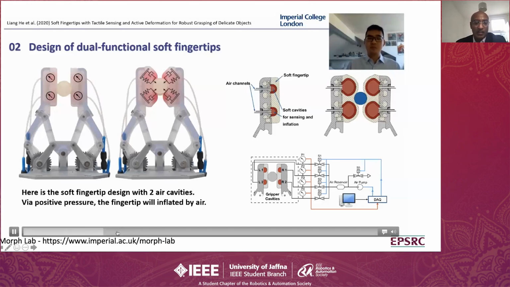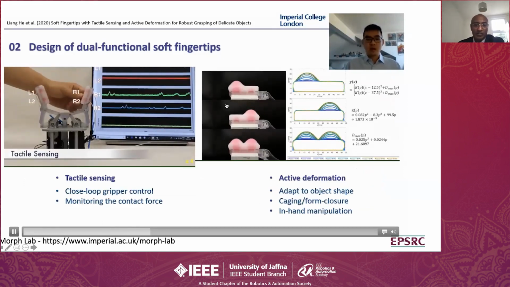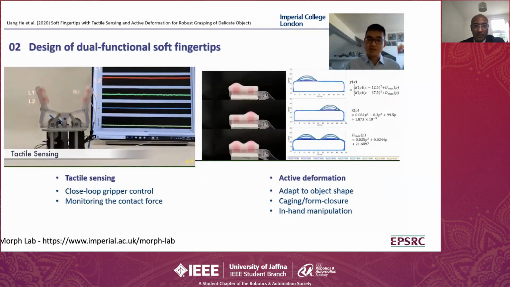The advantage of this is that the grasping becomes very stable. For example, like that, and then you can touch and it can feel it. And you can selectively inflate different parts of the fingertip, and then you can have good perception of the object you are grasping, and have more form closure around the object.